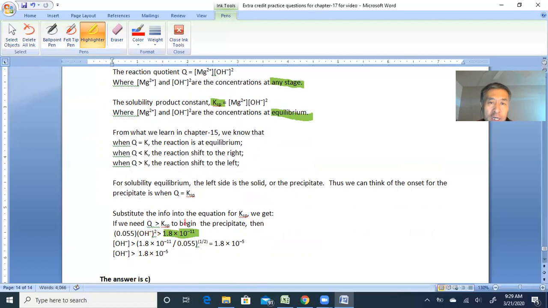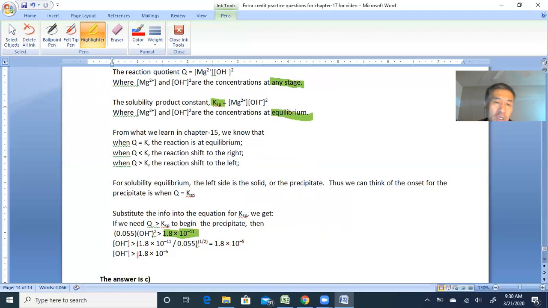Then we plug in the Ksp, which is given in the problem. Once we have this inequality, we divide this number out and then take the square root. Therefore, we get the hydroxide concentration is 1.8 times 10 to the negative 5.